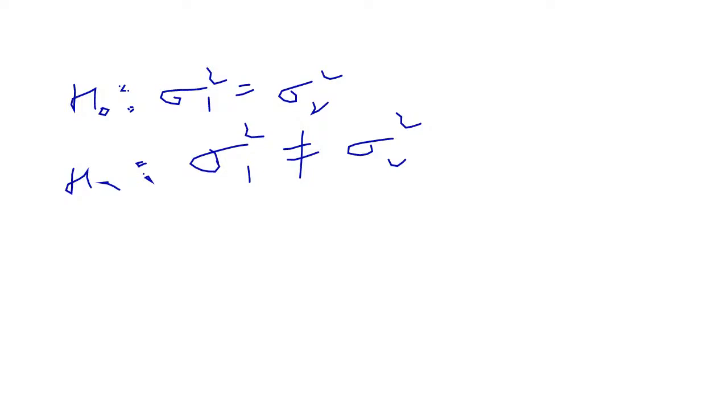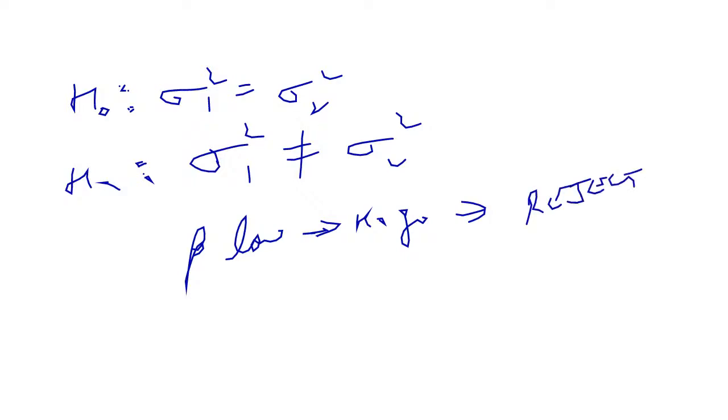So we have two simple rules of thumb, which is P low, null go, reject null hypothesis.